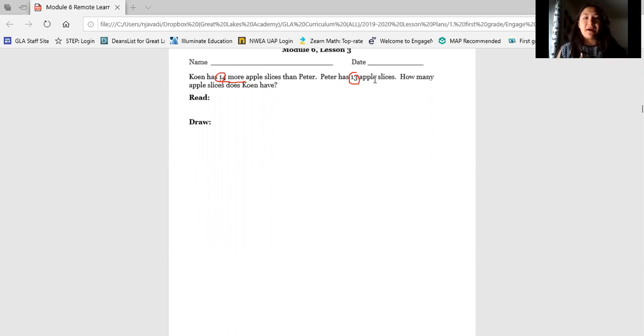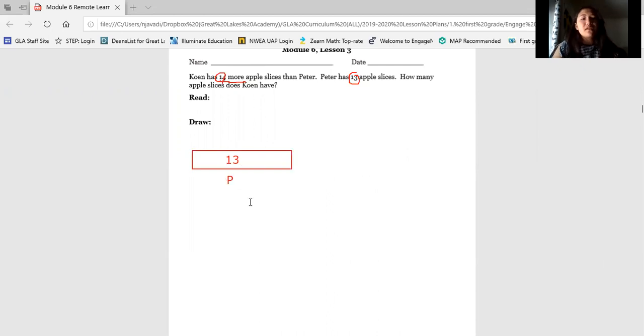So I know that Peter has 13 apple slices. That is definitely something that I know from this problem. Inside of the box that I drew for Peter, I'm going to write the number 13, because that's how many Peter has. And I'm going to label it with the letter P for Peter.